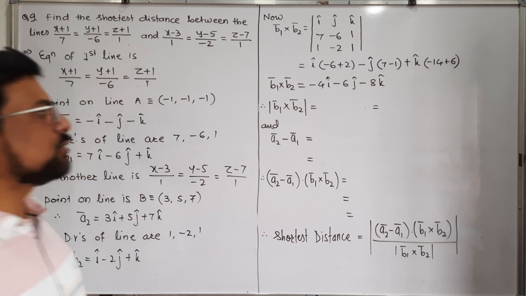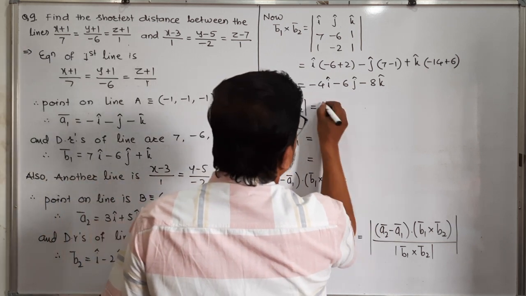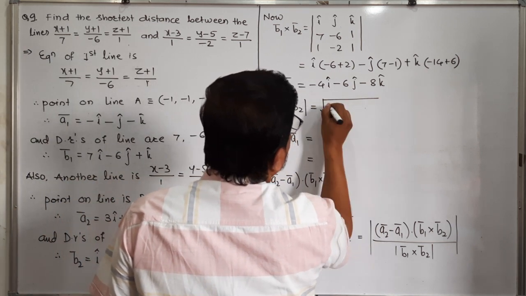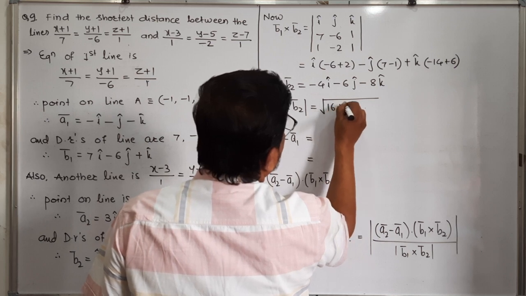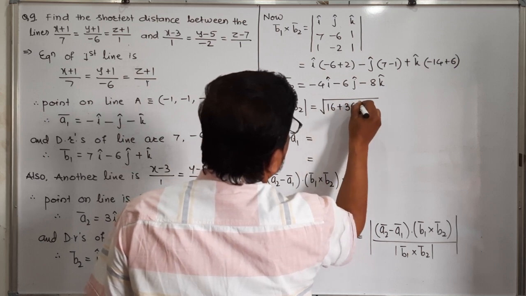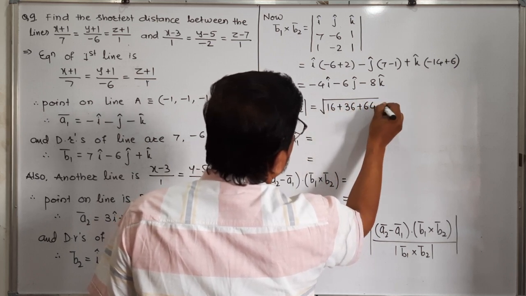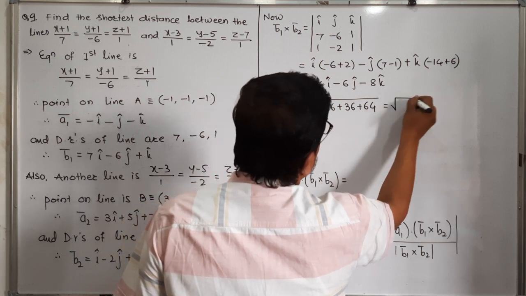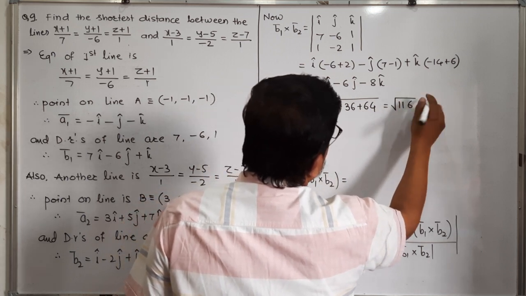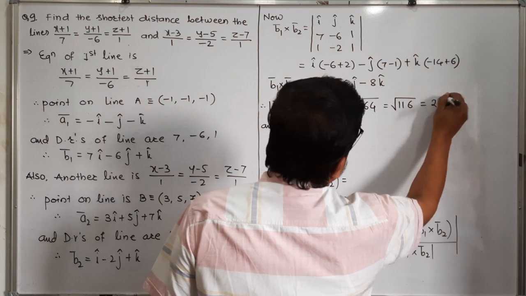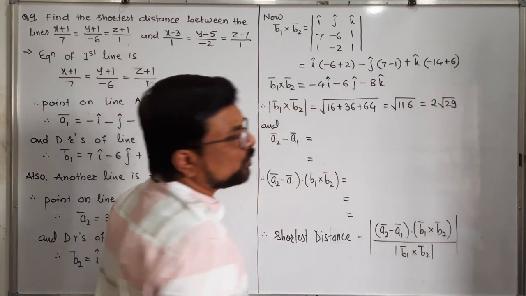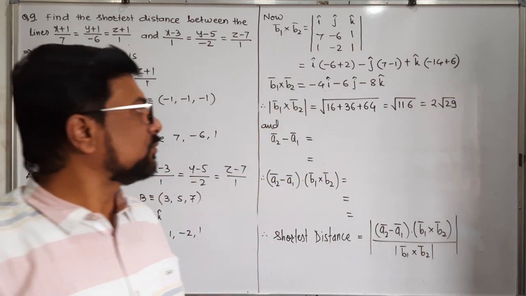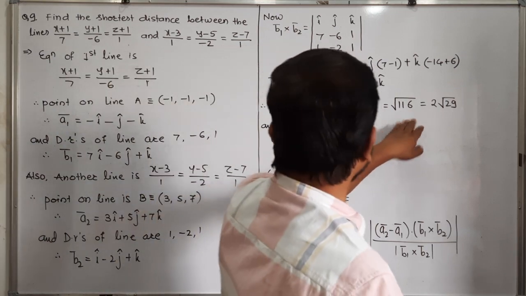Now the magnitude of b1 cross b2 is under root of 4 square, that is 16, plus 36 plus 64. That is equal to under root of 116, that is 2 root 29, because 29 fours are 116.